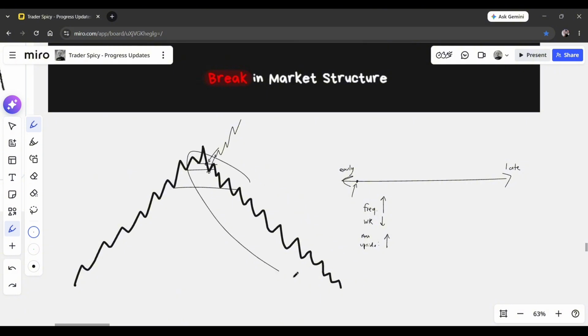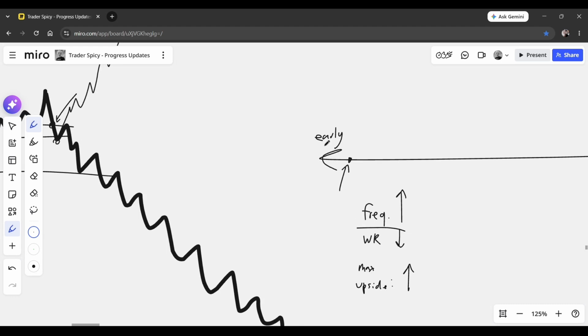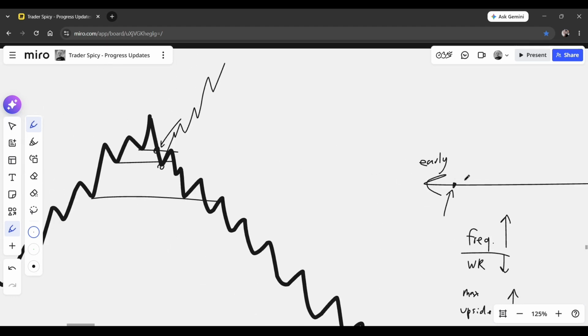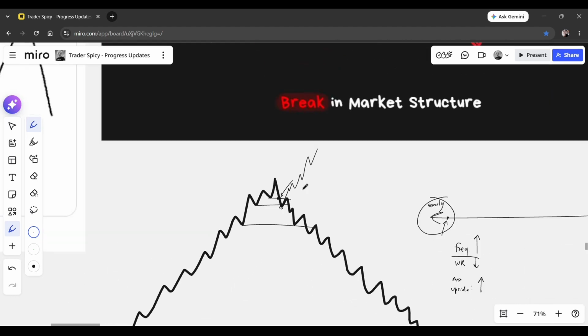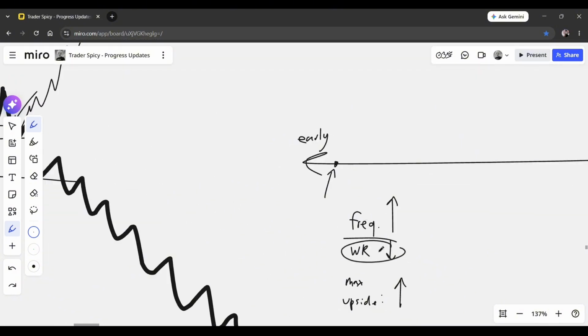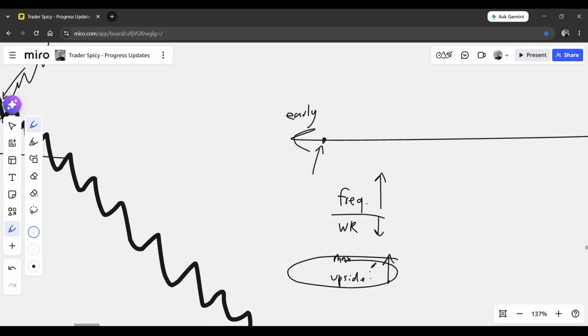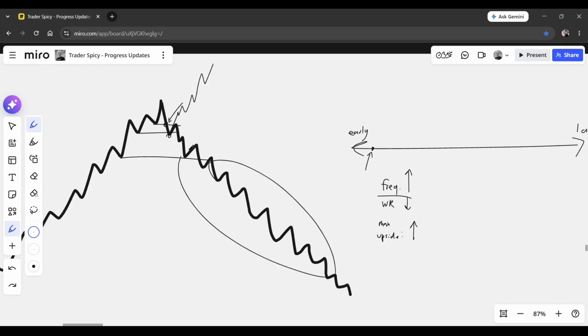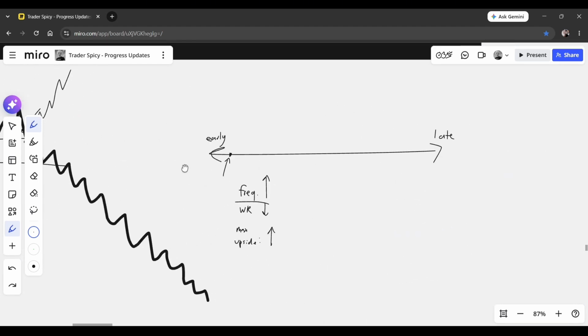So you can maybe be a little bit more ambitious with your targets, right? So if you're entering with less lag, as in you're entering earlier, or you're defining this break of structure earlier, you're going to have higher frequency, lower win rate, but there is more upside in the trade idea that you can potentially catch.